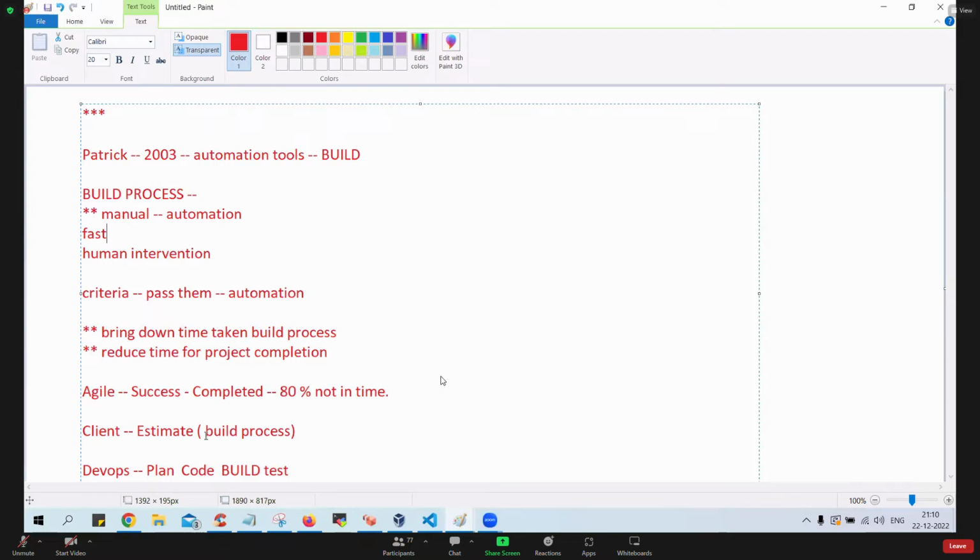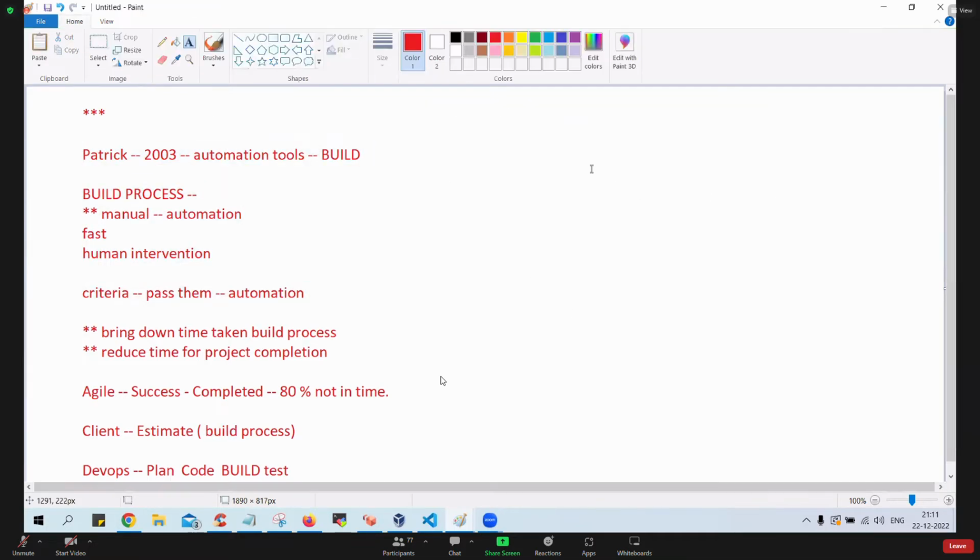Even without automation in the build process, you can get your work done. I'm not saying it will not happen. But there are some challenges like manual process, slow process, human intervention, malpractices. All these things are there, correct? So that helped the industry overcome all these headaches.